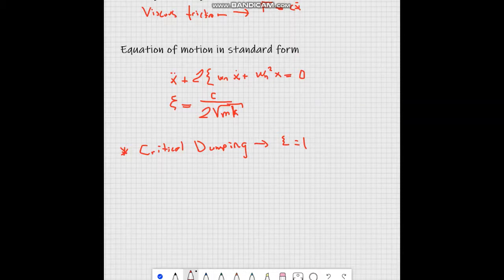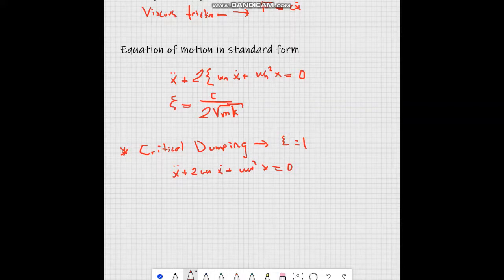You just need to plug in 1 and we can solve it. So it's going to be x double dot plus 2 natural frequency x dot plus omega n squared x is equal to 0.